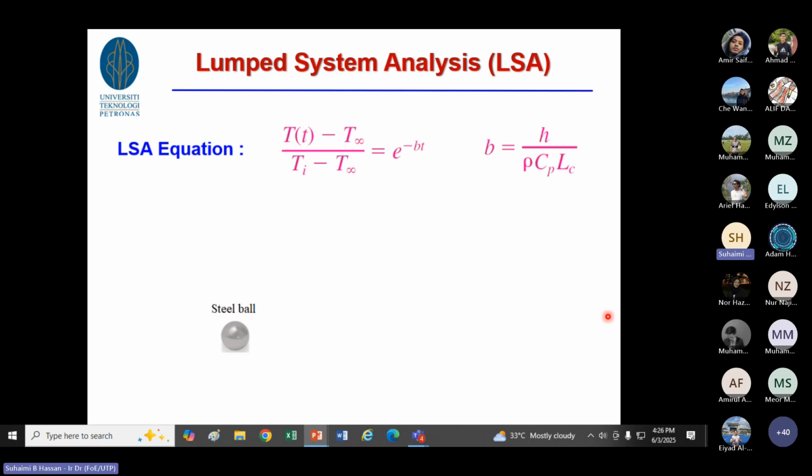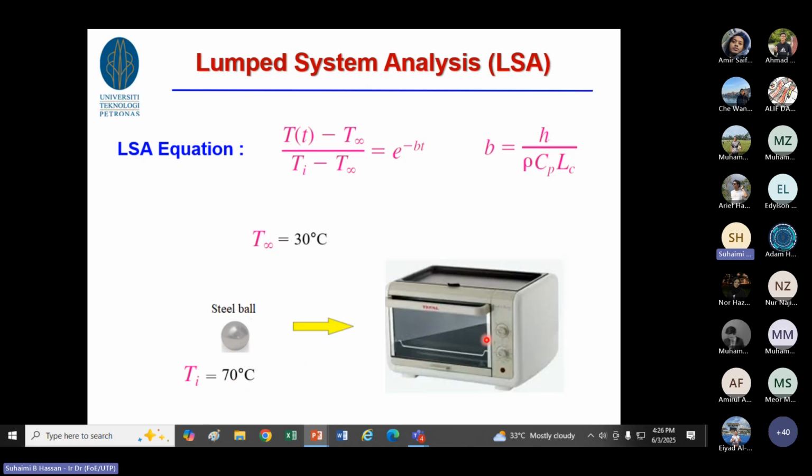Okay, example: one steel ball at 70 degrees Celsius, ambient 30. You know that ambient is 30, so the unknown is TT and TI, because ambient is already given. Initial 70, okay, and then they put it in the oven at 200 degrees. The 200 degrees is actually the final temperature.